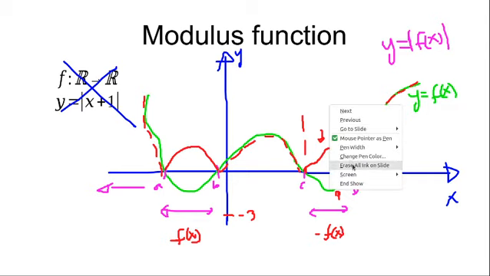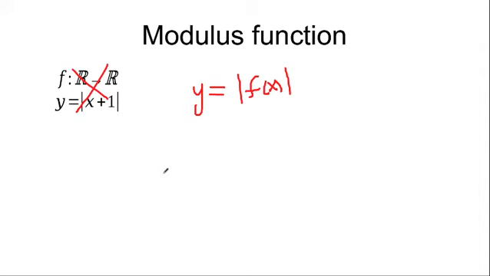In general, let's say you are given the function f of x. This is a general rule. Be it a linear function, a quadratic function, whatever it is, you solve it like this. The function will behave differently in different regions.